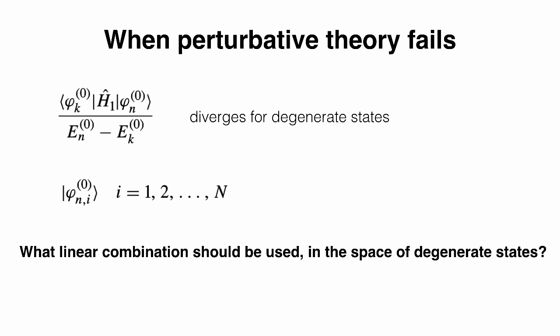Before we turn on the perturbation, we could use any combination of those states within a subspace of the same energy. Now, the perturbation lifts that degeneracy a little bit. Not only does it impose a specific linear combination, but it also gives the value of the energy splitting, basically how the energies are changed.